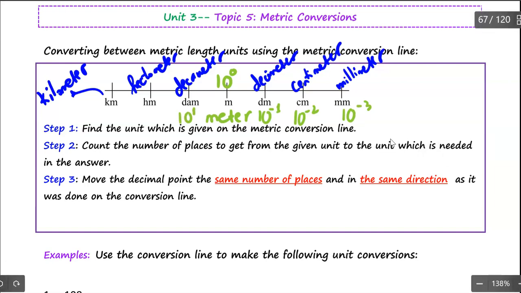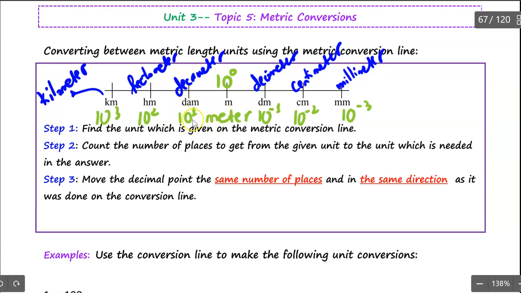Deca is 10 to the exponent 1. Hecto is 10 to the exponent 2. And kilo is 10 to the exponent 3. Okay, and you see 10 to the exponent 3 representing 1,000, 10 to the exponent 2 representing 100, 10 to the exponent 1 representing 10, 10 to the exponent 0 is actually equal to 1.